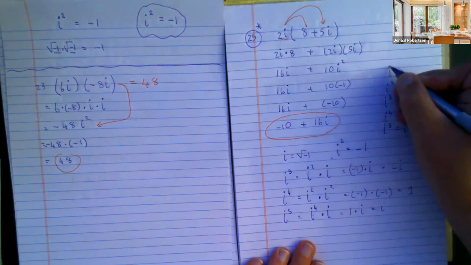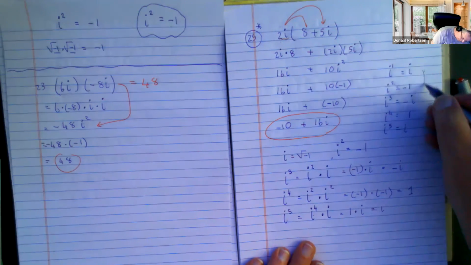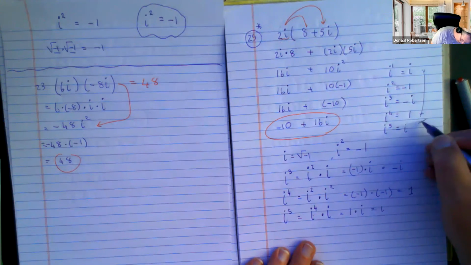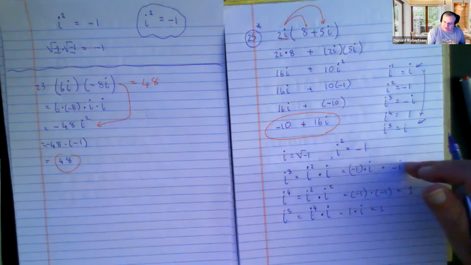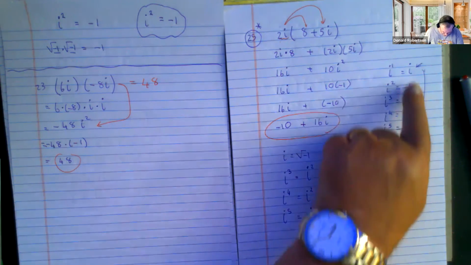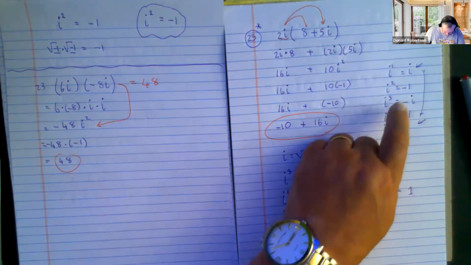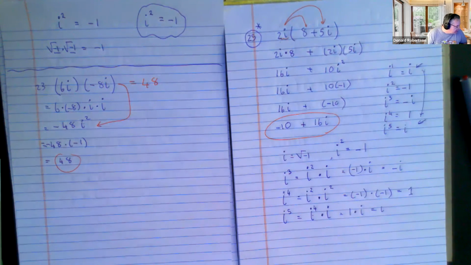And if I just call i to the power of 1 just i, do you see what happens is it just cycles through these guys and then it ends up back where it started. And then i to the 6, i to the 7, i to the 8 just ends up being either an i, a -1, a negative i, or a 1.